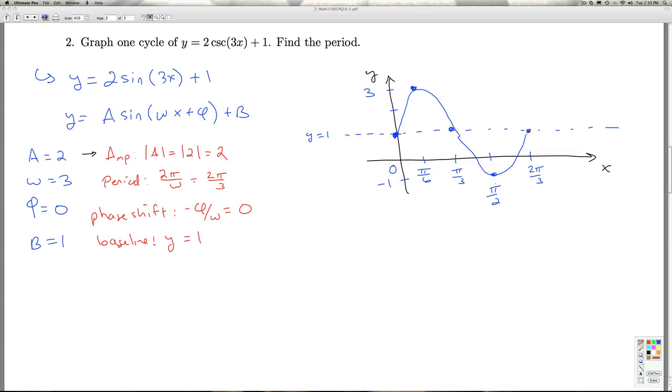Okay? So to get the cosecant curve, I would just have to remember that the baseline here corresponds to the original y-axis, so those are the original zeros of the sine curve. On the cosecant curve, you're trying to take the reciprocal of those zeros, and that's going to cause the vertical asymptotes. So the vertical asymptotes are going to happen when you cross the baseline.